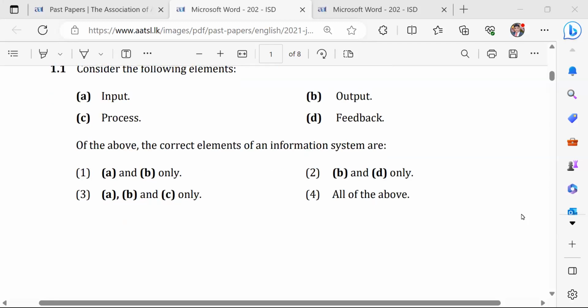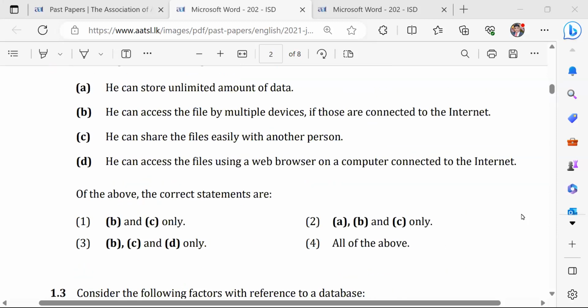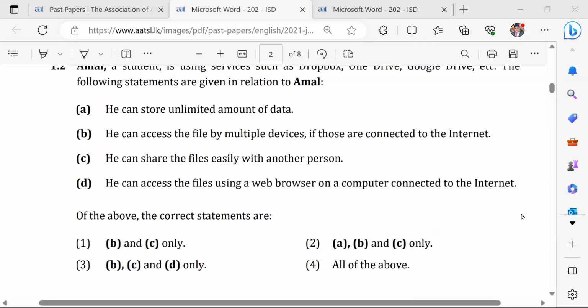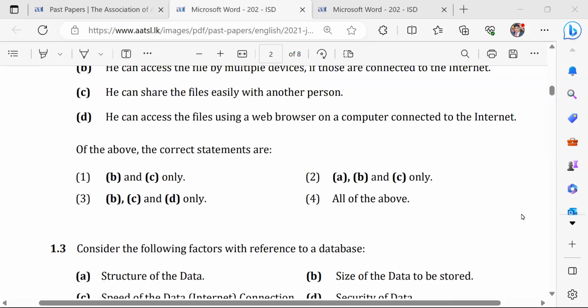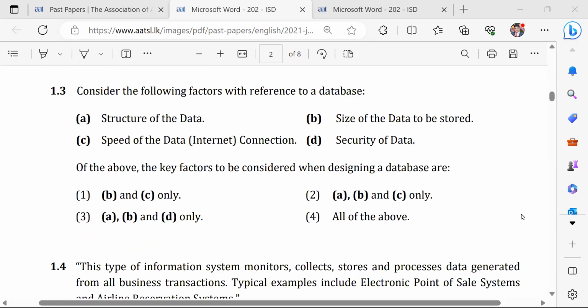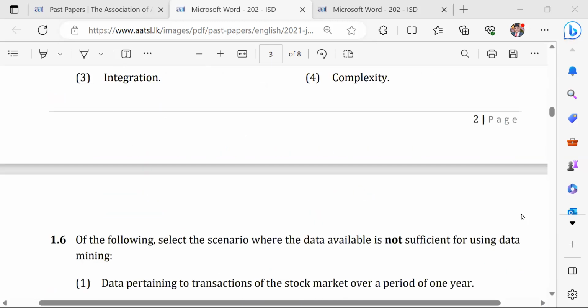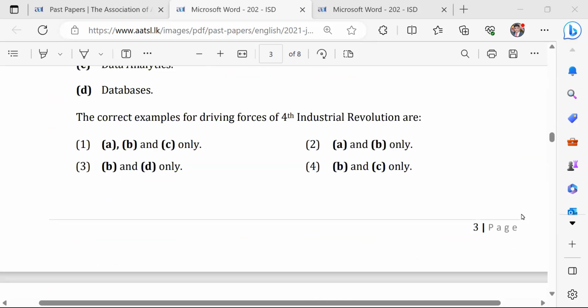Here it is asking about the correct element of an information system. Most probably you have to select 1 out of 4. Here also the same type of question, what is the correct one? Expect some questions from information.